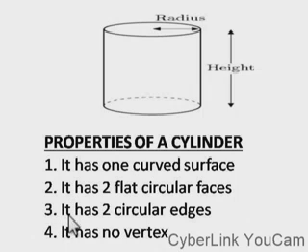Then number 3, it has 2 circular edges. You can see the edge here, that's one circular edge. Then this one is another circular edge. So how many are there? 2 circular edges. Then finally, it has no vertex. You can see we don't have any sharp points in a cylinder.